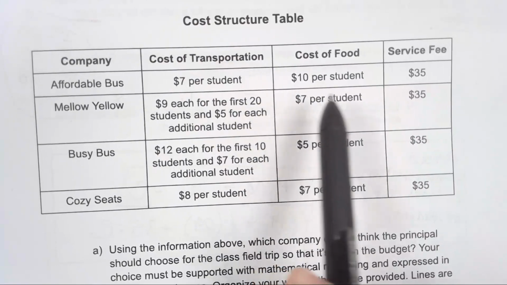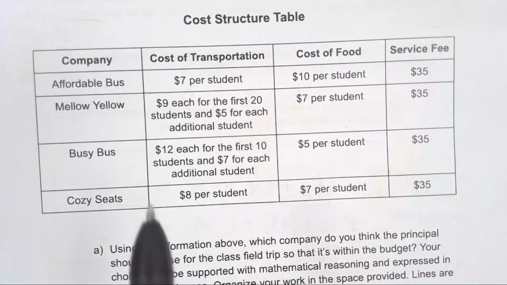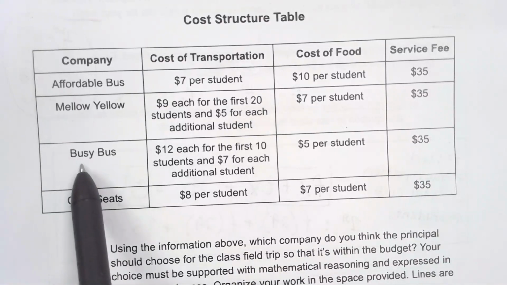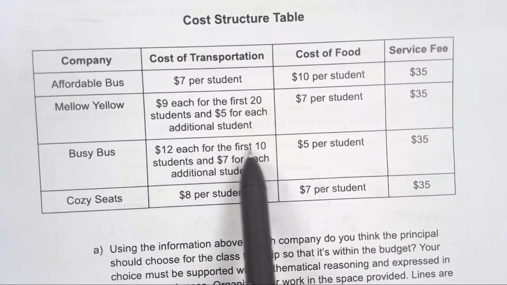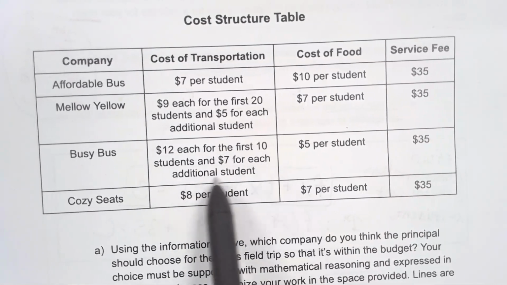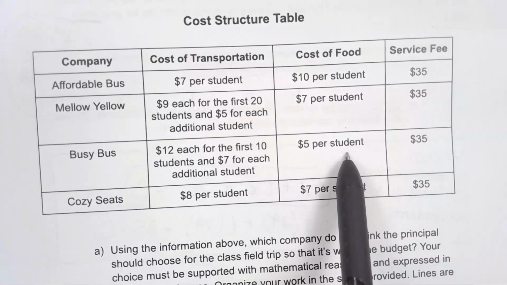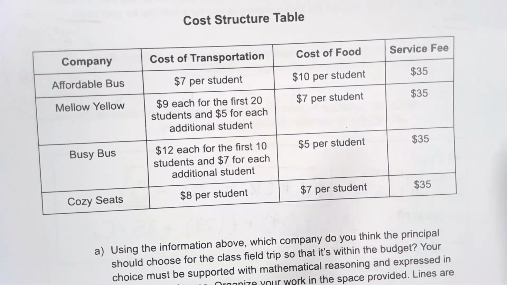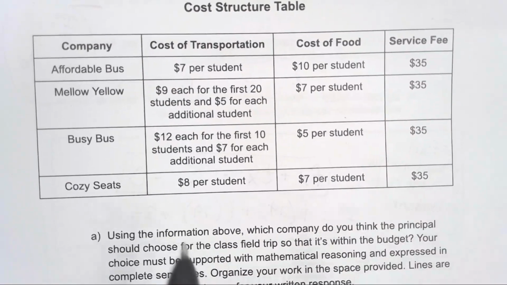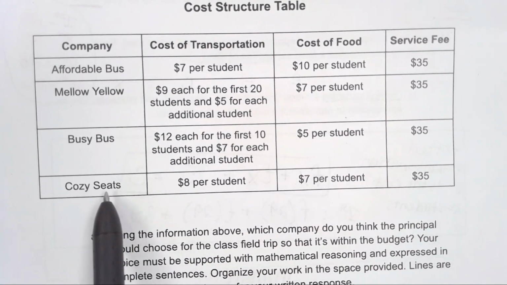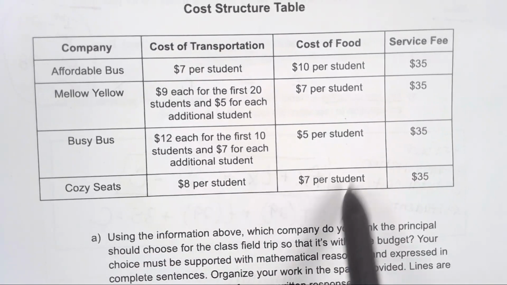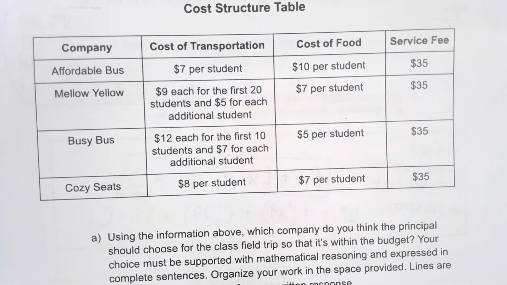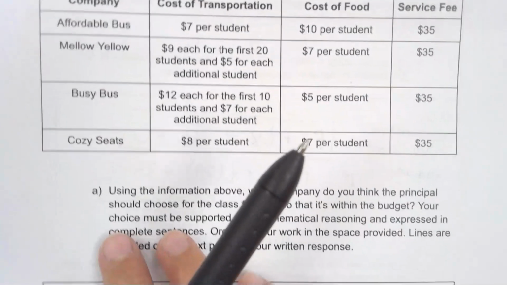Cost of food is $7 per student, and then service fee is $35. We also have the Busy Bus, $12 each for the first 10 students and then $7 for each additional student after that. And then the cost of food is $5 with the service fee of $35. And then the last one here, the Cozy Seats, is $8 per student for transportation, $7 per student for food, and a service fee of $35.